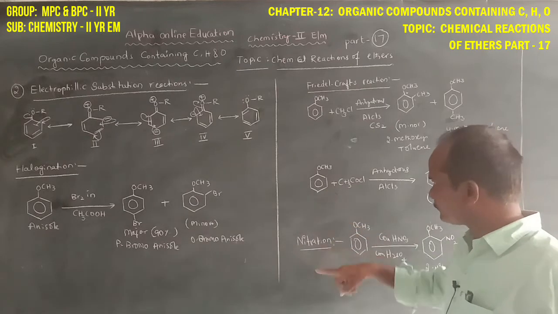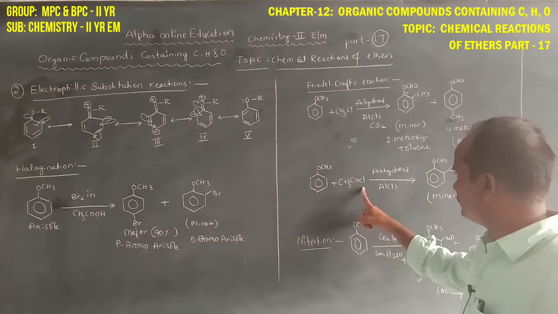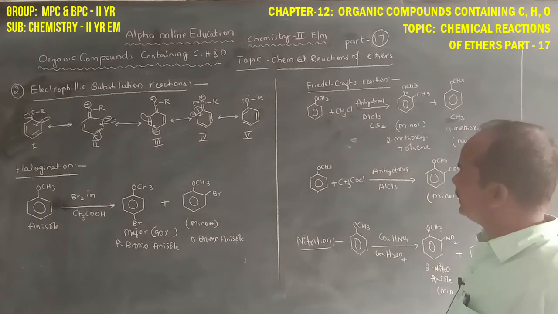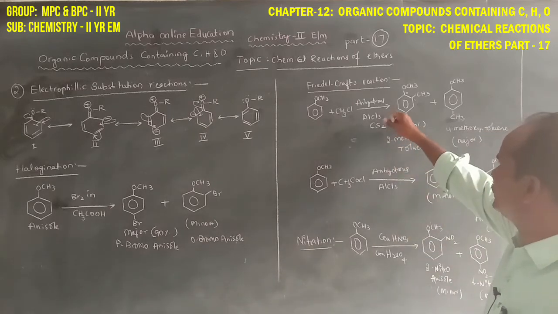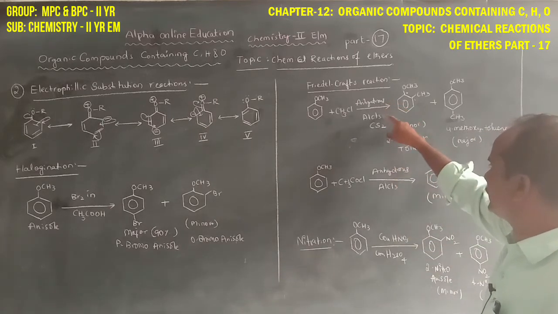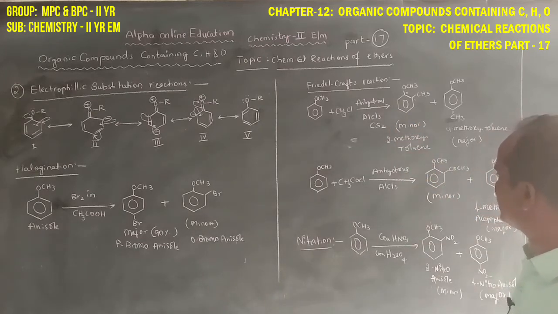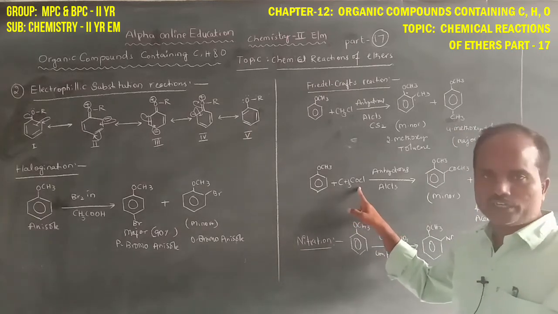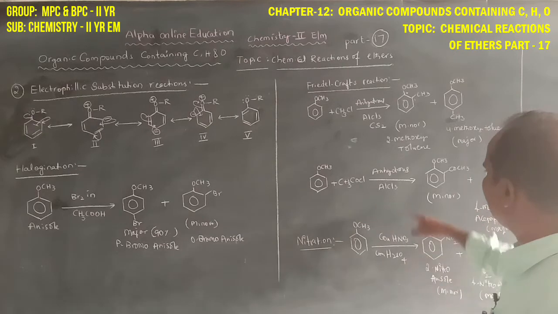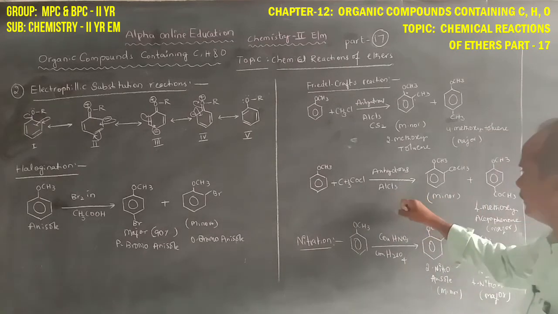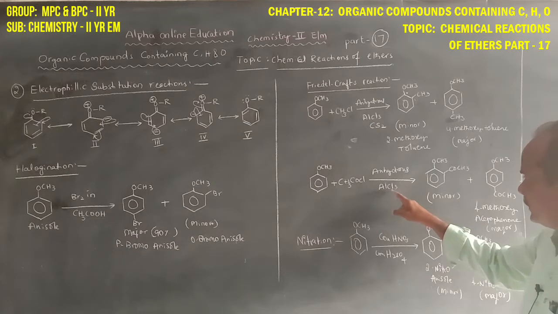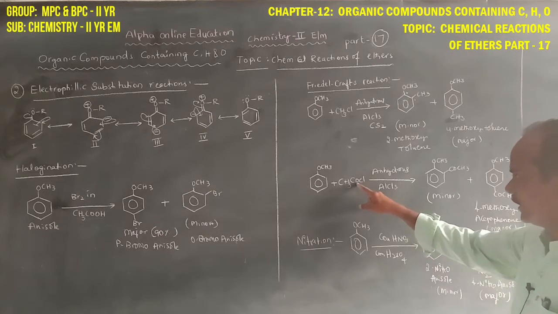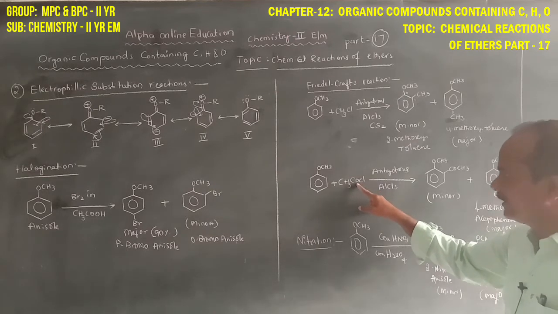Next, anisole is treated for acylation. We have Friedel-Crafts alkylation and then Friedel-Crafts acylation, and in both reactions we take Lewis acids, anhydrous AlCl3. When anisole is treated with acetyl chloride in the presence of AlCl3, it again acts as a Lewis acid and accelerates the formation of acyl carbocation from acetyl chloride.